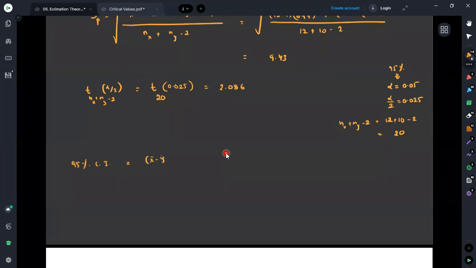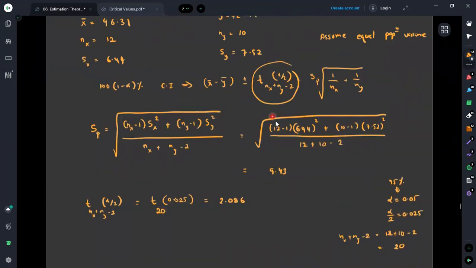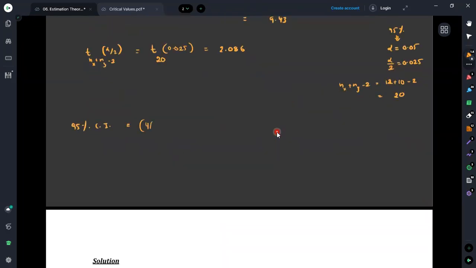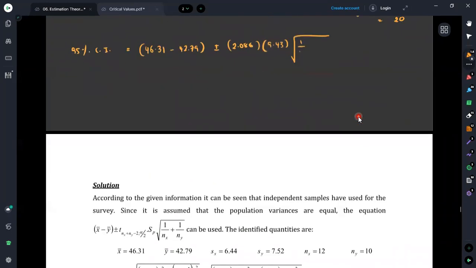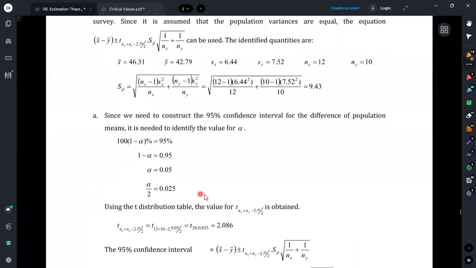This is the equation: x bar is 46.31 minus y bar 42.79, plus or minus t with nx plus ny minus 2 at alpha over 2, which is 2.086, multiplied by the pooled sample standard deviation 9.43, into the square root of 1 over 12 plus 1 over 10, since nx was 12 and ny was 10.